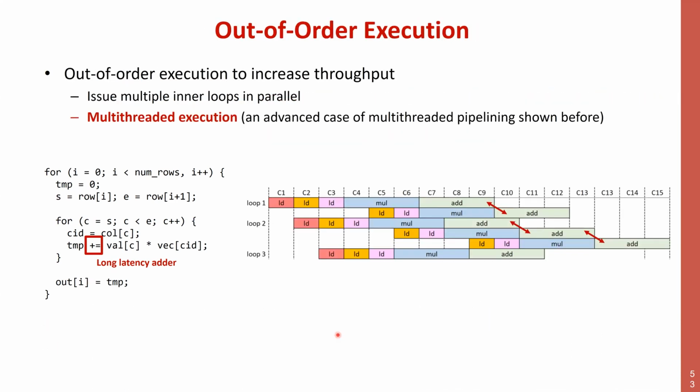This is what you would like to do, except that now you need a completely out-of-order execution, because you have the loads in the same unit belonging to different outer iterations, mixed in every possible way. But if you do this, you get the kind of performance that you can expect for this kind of piece of code.